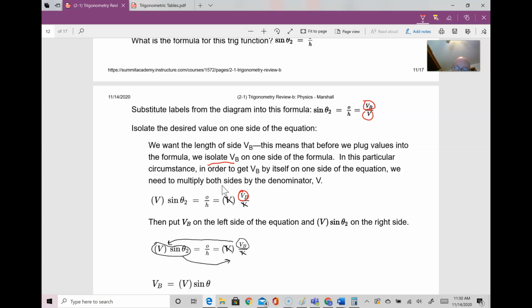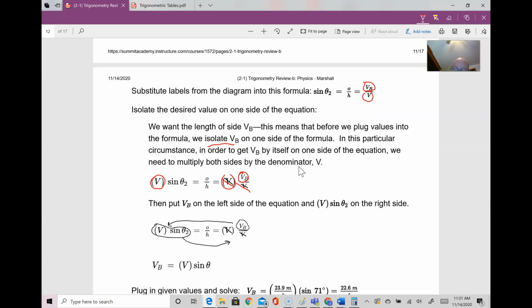In this particular circumstance, in order to get VB by itself on one side of the equation, I need to multiply both sides of the equation by V. So I'm going to multiply by V here, and by V over here. And these V's are going to cancel out, right? And that gets VB by itself.